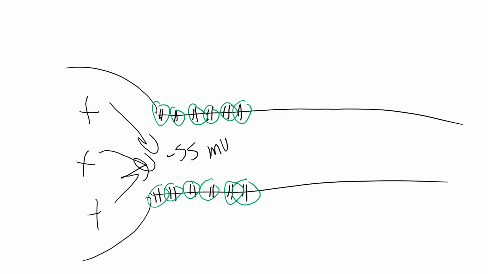So, when these voltage-gated sodium channels all open up, what does that actually mean? It means that the hillock region has all of a sudden become much, much more permeable to sodium.